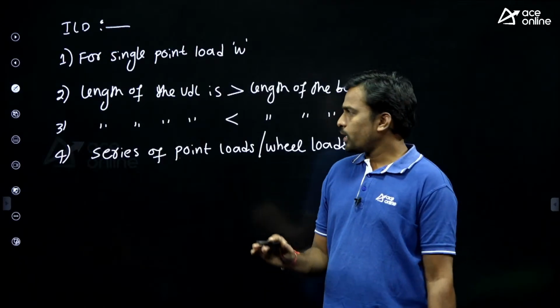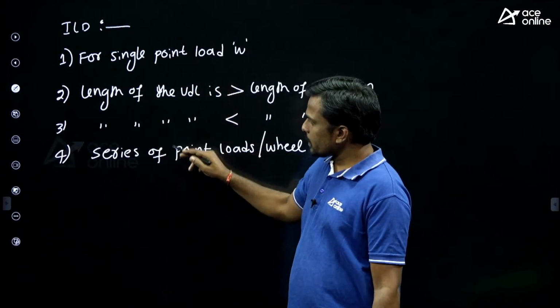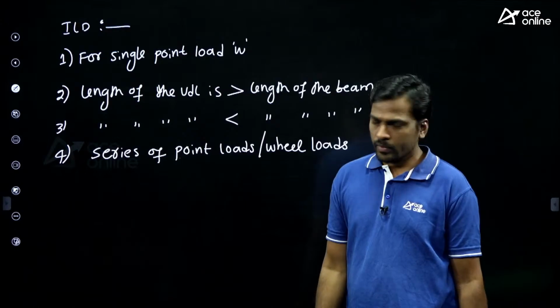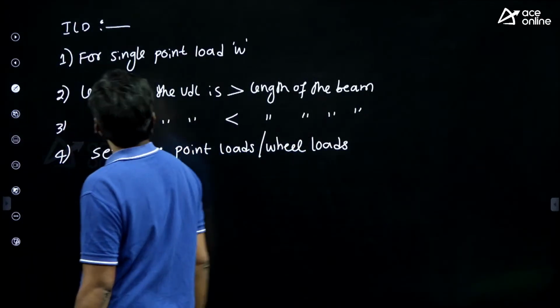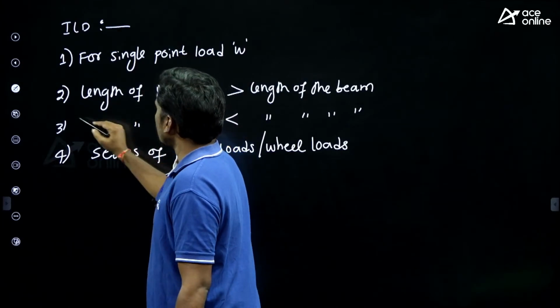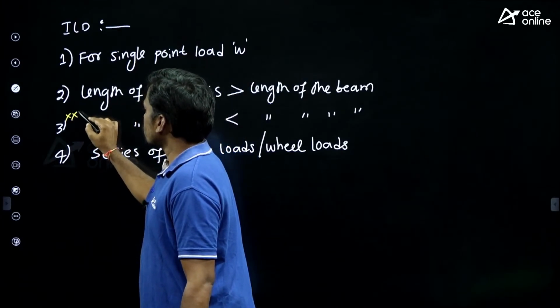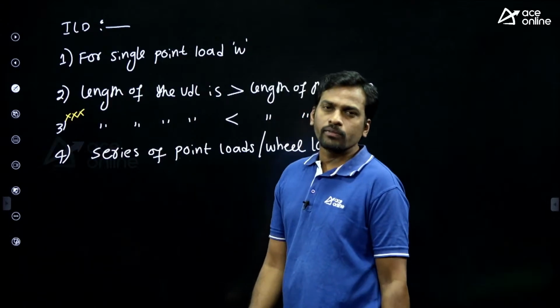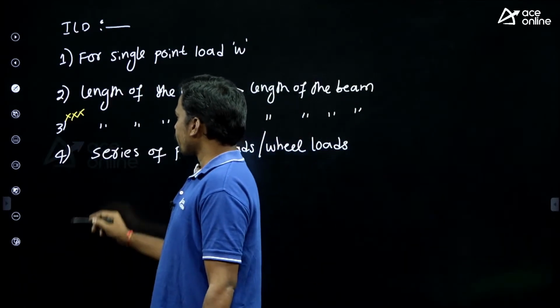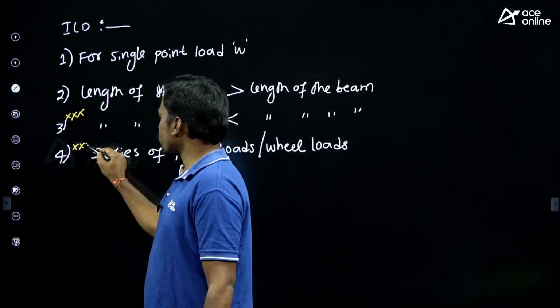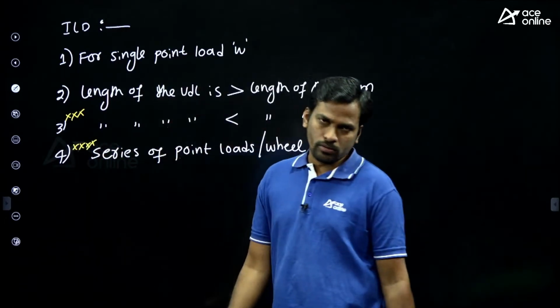In ILD, concentrate on these topics only. And in this, very important is case 3, length of the UDL shorter than length of the beam, and a series of point loads or wheel loads.